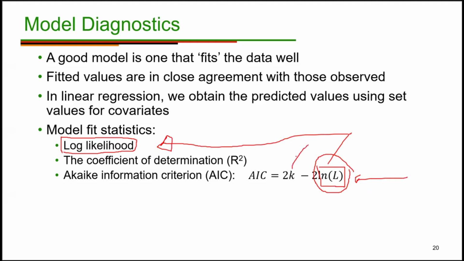The more parameters that you add, which is your K value, the more you are penalizing. Your log value is negative, it's always negative, and so negative times negative gives you a positive. So whatever the base value of the model is, the more parameters you are predicting, represented by the K value here, the more you are increasing it.